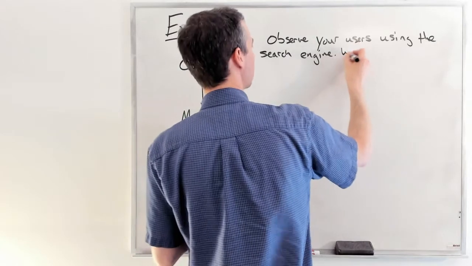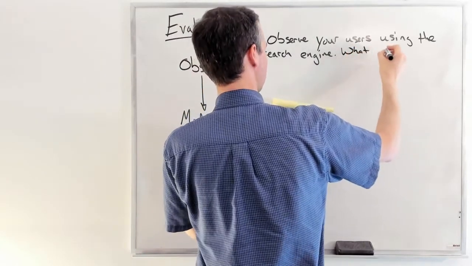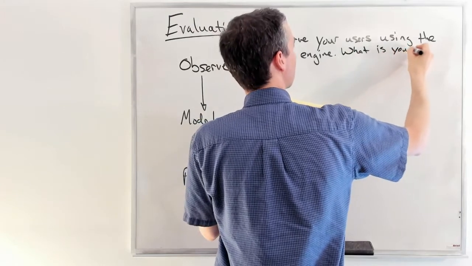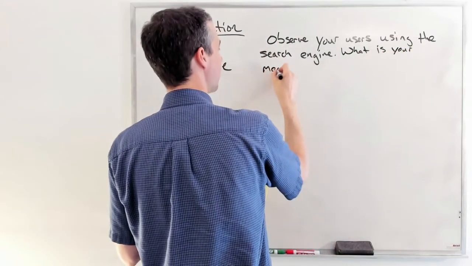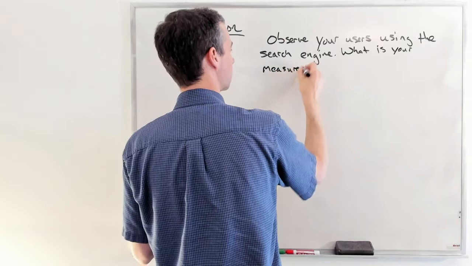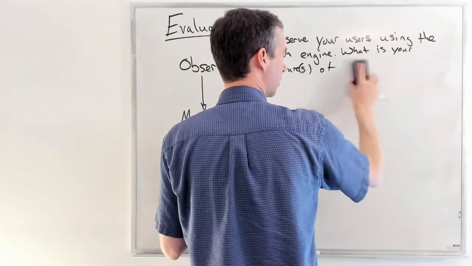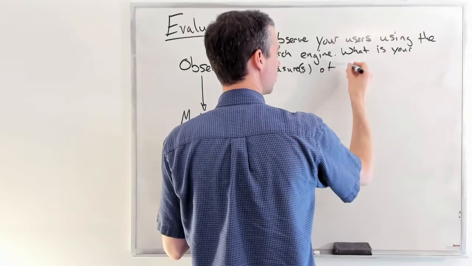And then this goes along with thinking about, as you do this, what is your measure or measures of success, or how are you going to know if it's working well?